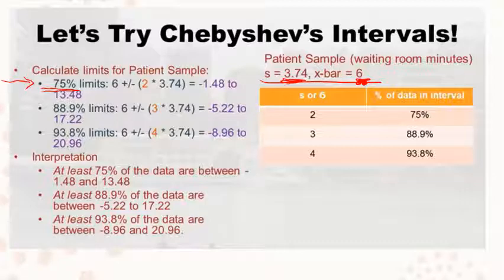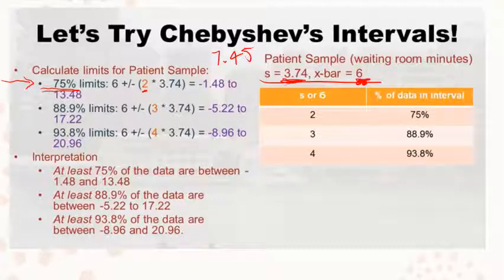This was your standard deviation, and remember, in this equation we are using 2 standard deviations. So 3.74 times 2 is going to be 7.48.